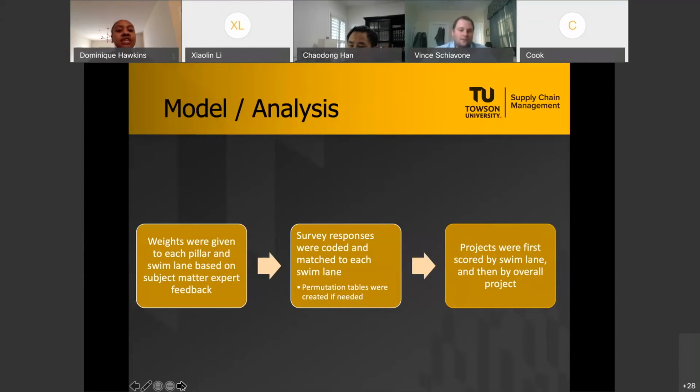And for some of the responses, we needed to use permutation tables, and Vince will kind of go into more detail about what that consisted of. And then after the survey responses were coded and matched to each swim lane and each pillar, projects were first scored by swim lane and then totaled. The scores based on the swim lane were totaled to get the overall project score. Next slide.